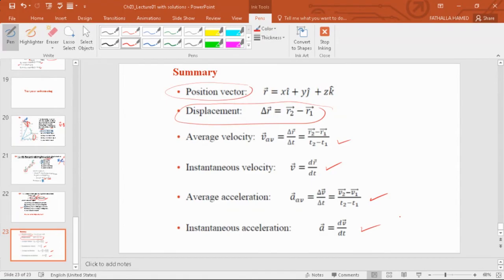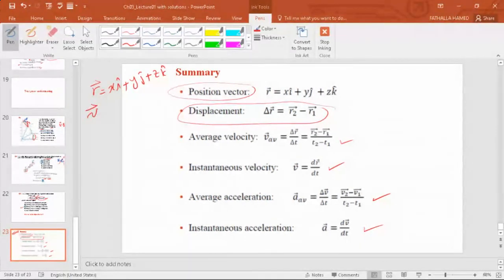One thing that I want to add here as well, when we talk about acceleration, remember we said that r is equal to x i hat plus y j hat plus z k hat.